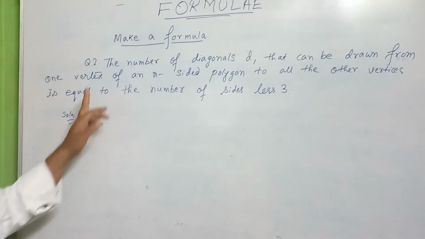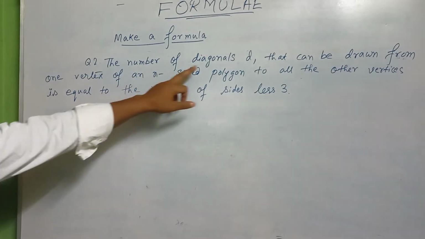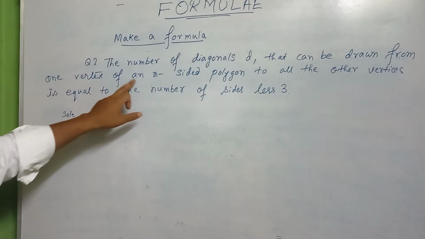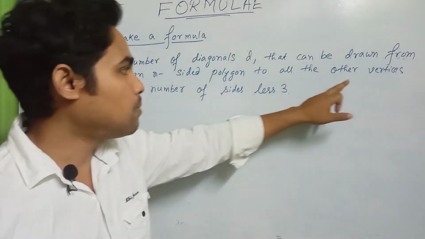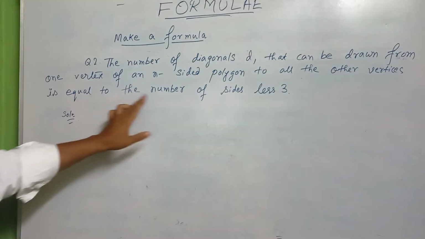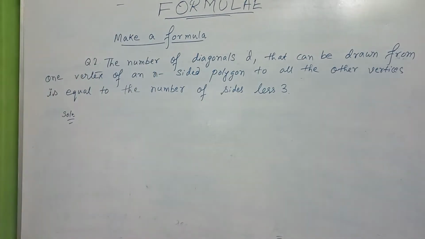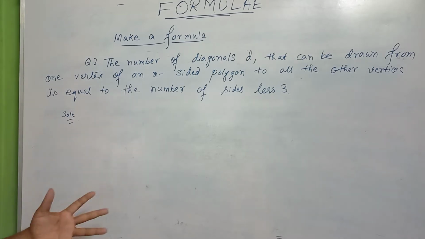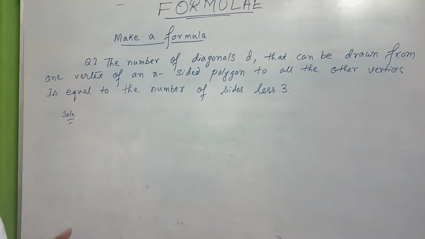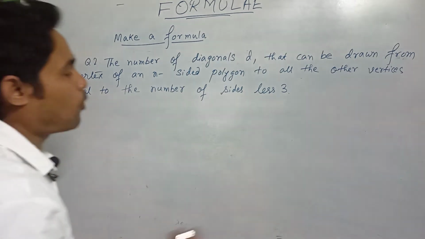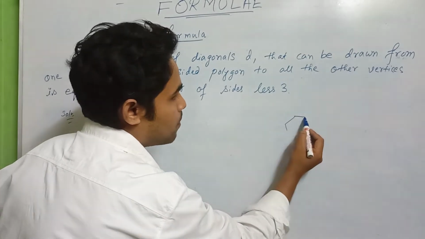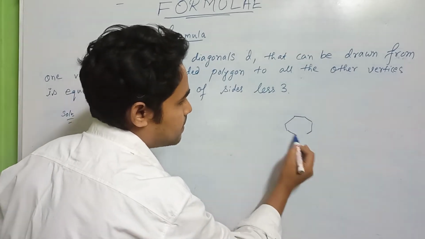Our next question is, the number of diagonals d that can be drawn from one vertex of an n-sided polygon to all the other vertices is equal to the number of sides less 3. Actually in this question we need not know what is a polygon, what diagonals are and all this, but for your knowledge, I am saying polygon means a plane region bounded by many sides.